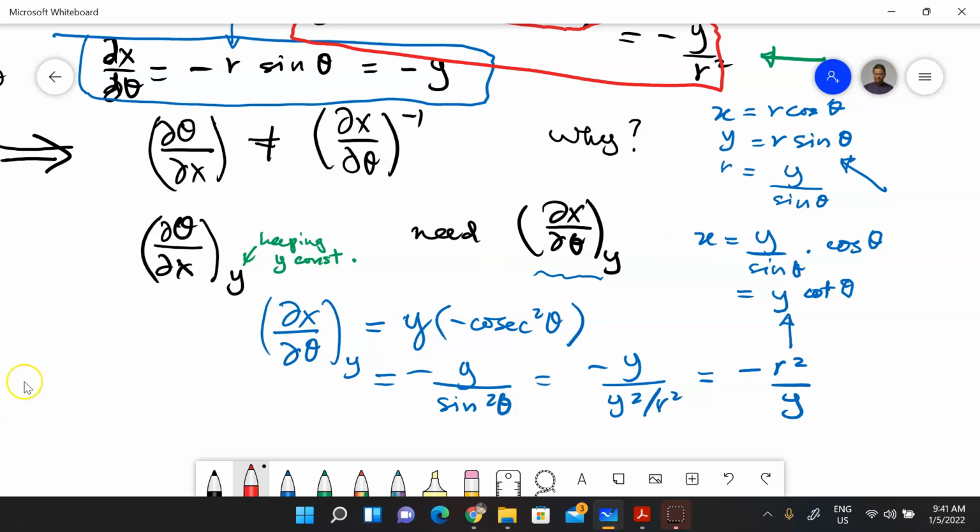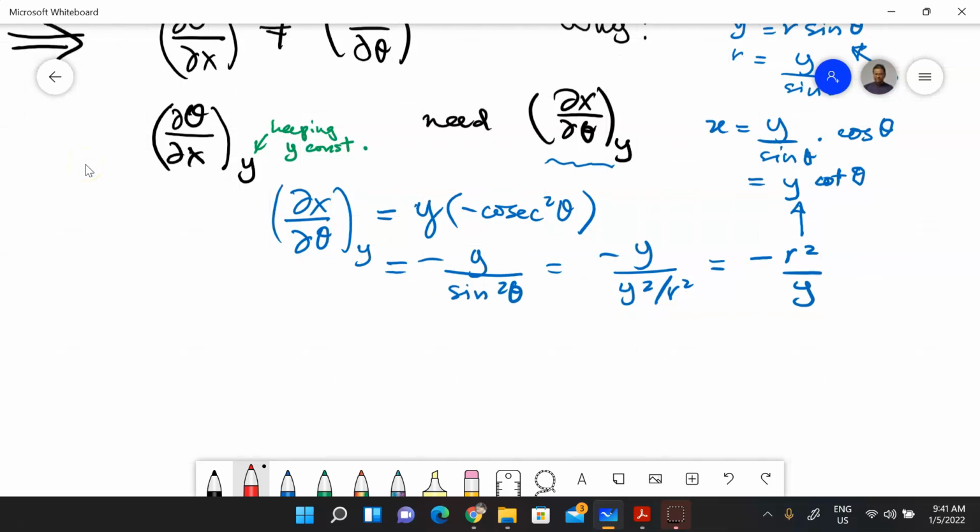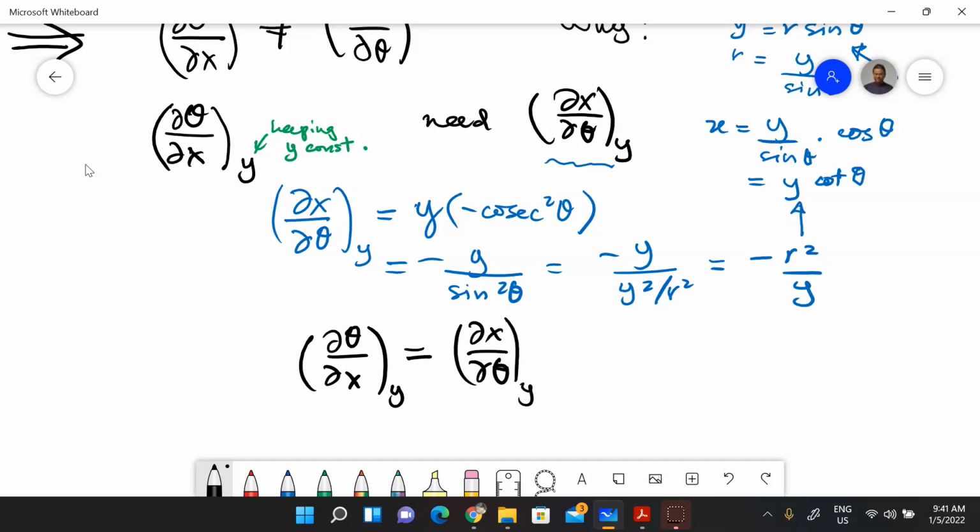So here, by making sure what the variables are that are kept constant, we are able to reproduce this equation, which is partial theta partial x equals, with y kept constant, partial x partial theta with y kept constant, and take the reciprocal.